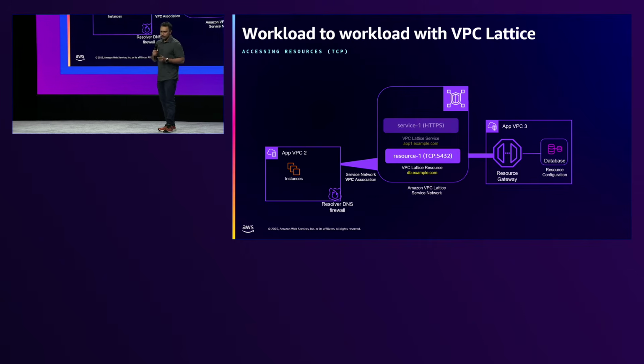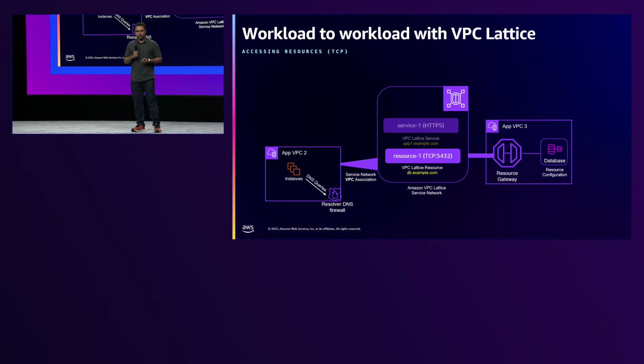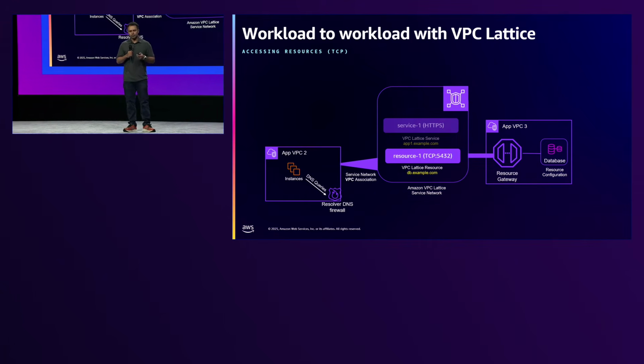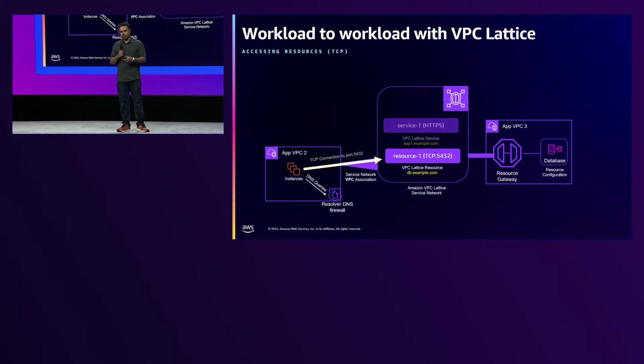Now, let's look at the traffic flow in this case again. Your instances send their DNS queries. With the response, the traffic gets sent onto the VPC Lattice data plane. Now again, since Lattice knows where this traffic must go to, this traffic is sent all the way to the resource gateway that lives in app VPC 3.